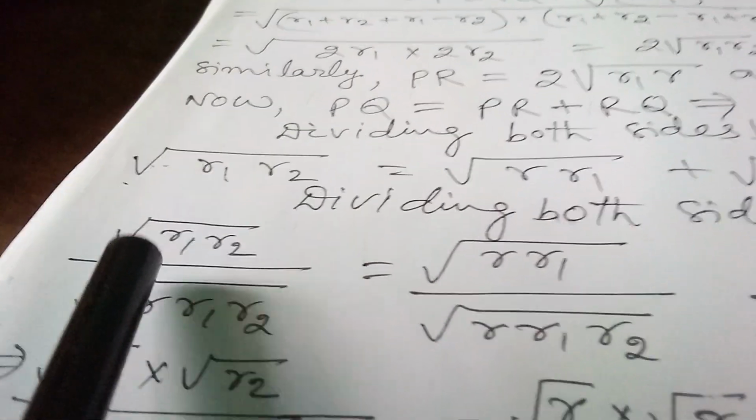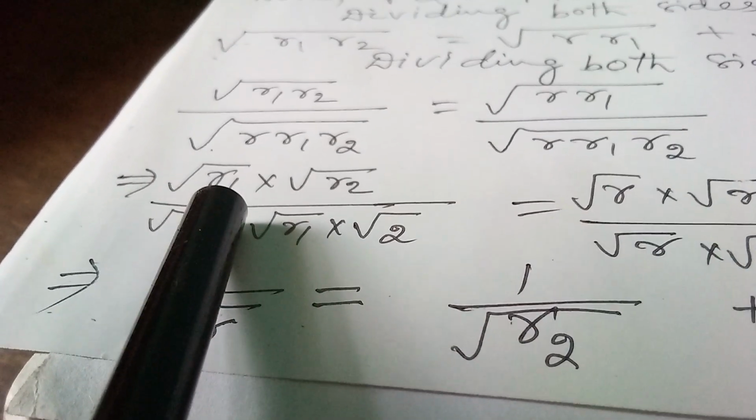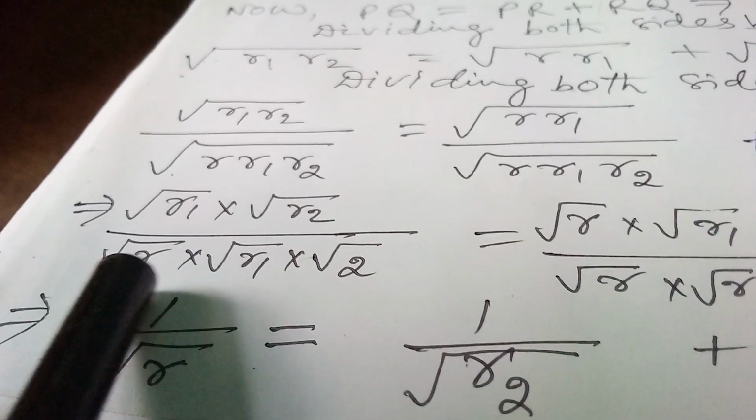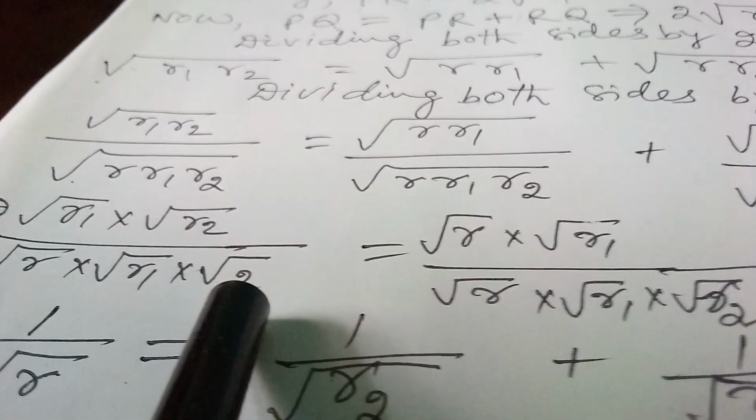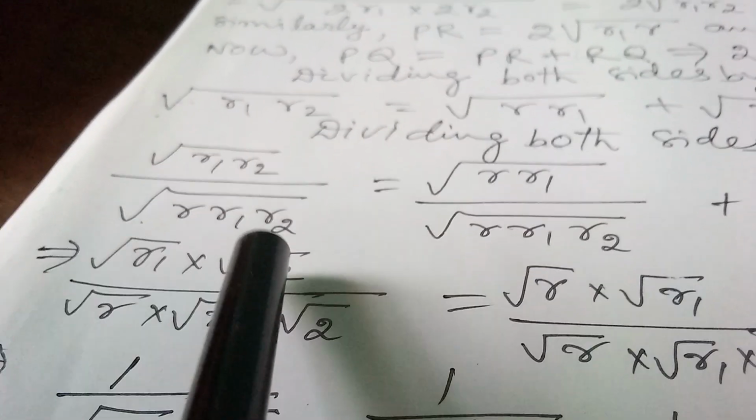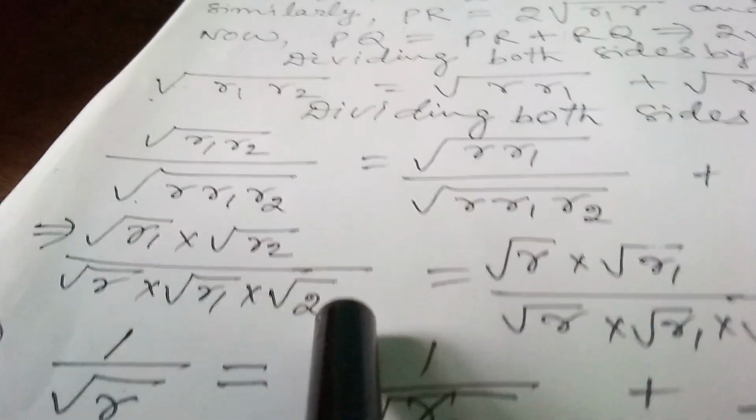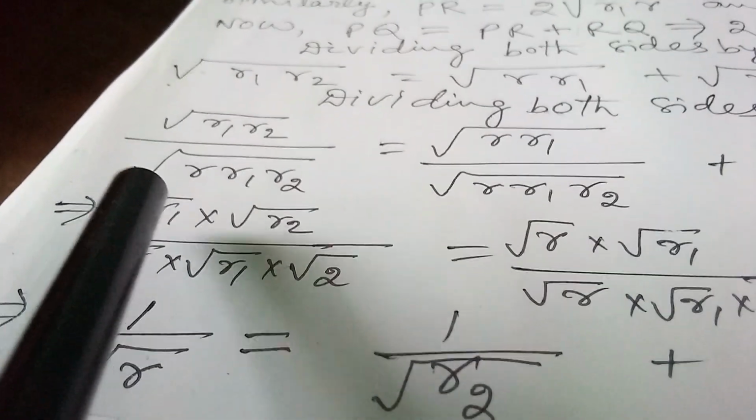Now this will be separated, and we can write square root of r1 into square root of r2, and this will be separated as square root of r into square root of r1 into square root of r2, and here numerator and denominator are both the same, so they will be cancelled.